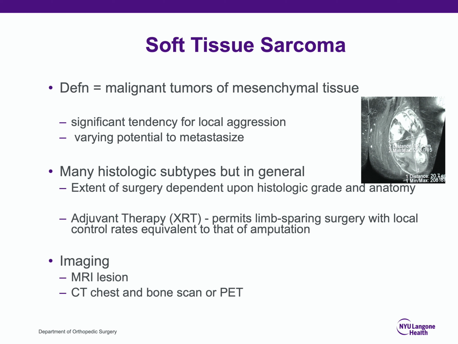Radiation treatment, XRT, is also used for local control and helps when we have close margins, allowing limb-sparing surgery to have equivalent rates to that of amputation, because we can use radiation to help with local microscopic control.